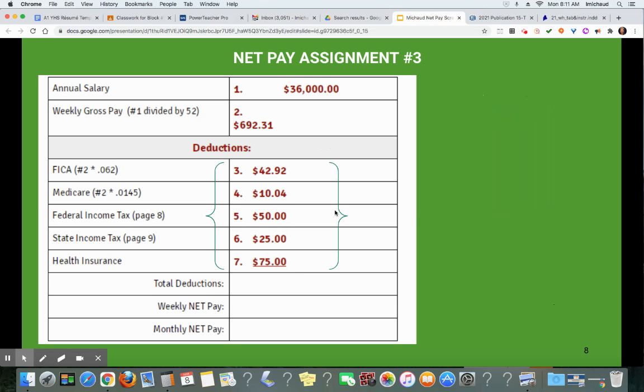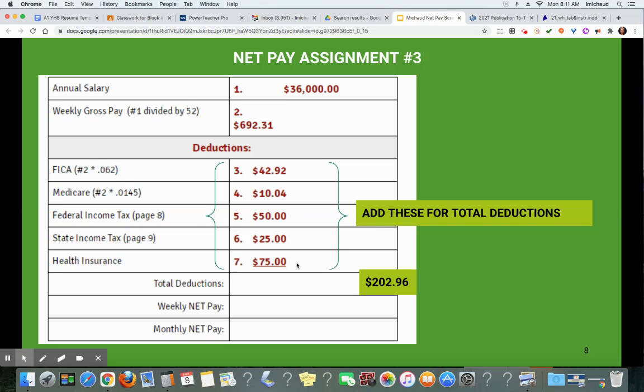Next, we need to figure out our total deductions. So we need to add up FICA, Medicare, federal income tax, state income tax, and health insurance. This total is $202.96.